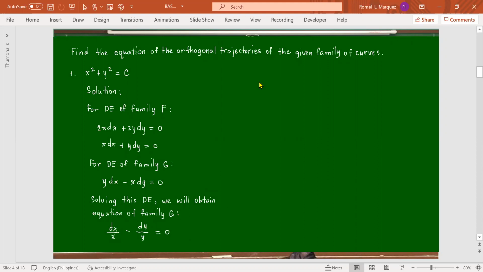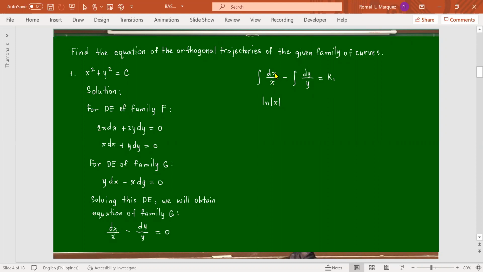The solution for this is given by the integral of dx over x minus the integral of dy over y, and that is equal to, let's say, k1. So this gives us ln of absolute value of x.